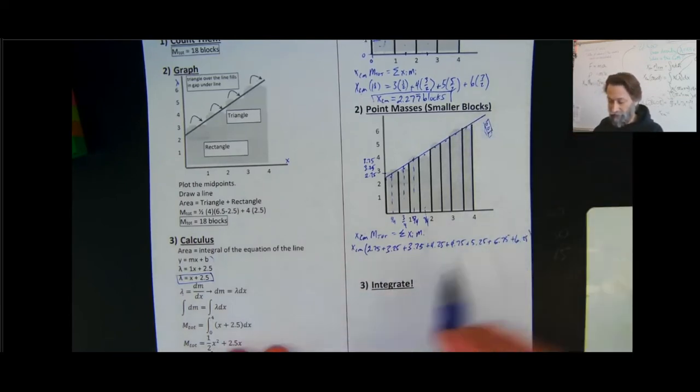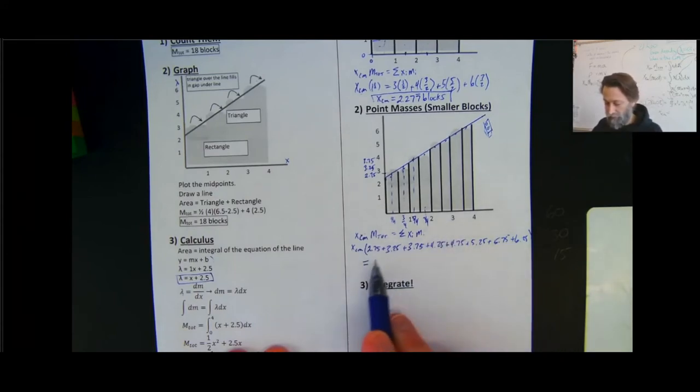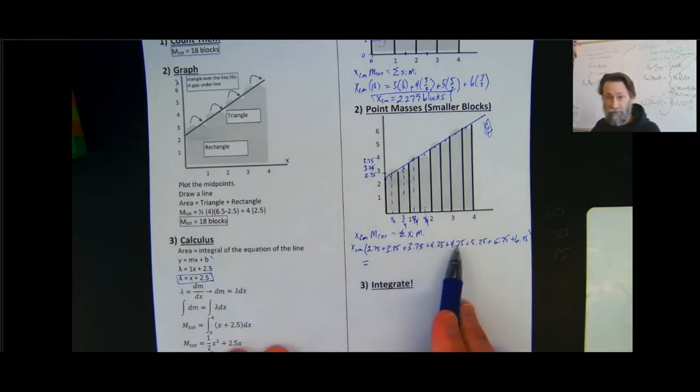Now, all of that is the left side of this equation. The right side of the equation then is going to be each of these masses times each of these distances that we have.